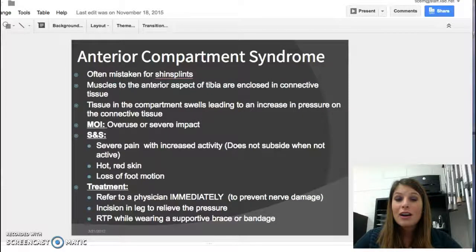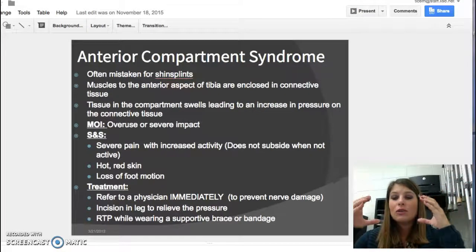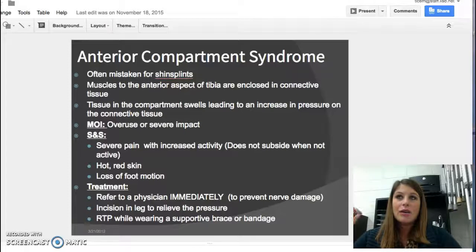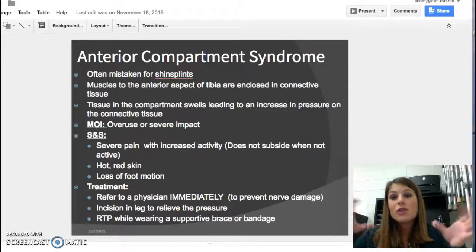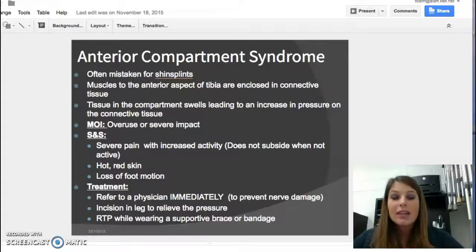Now, one of our next conditions is definitely unique, and it's definitely a medical emergency. It's anterior compartment syndrome. Your lower leg is filled up with little compartments that all the muscles, the nerves, the blood vessels, all of those fit into, okay, around the tibia and the fibula.